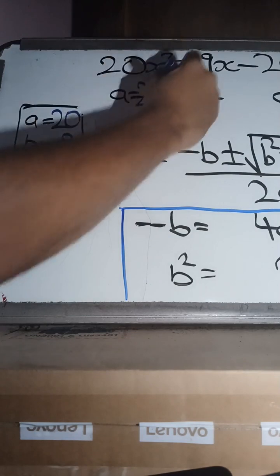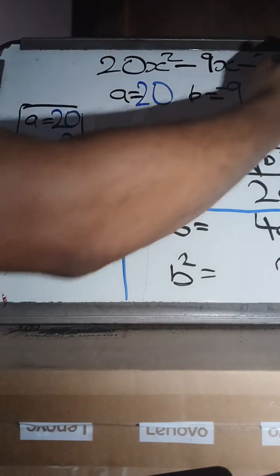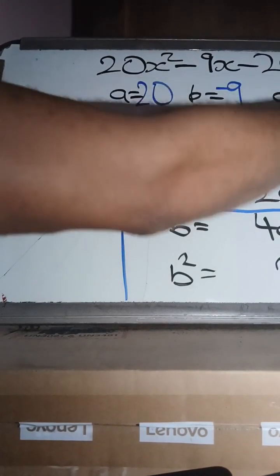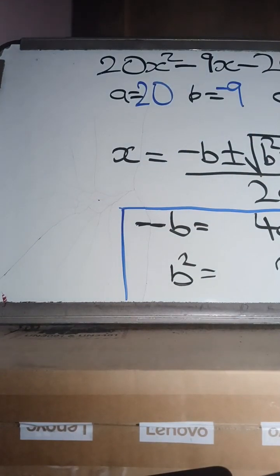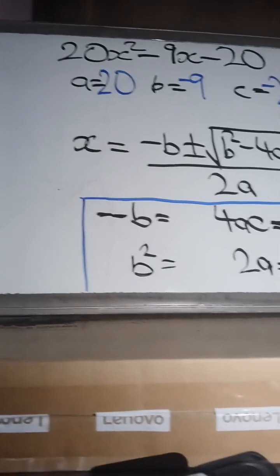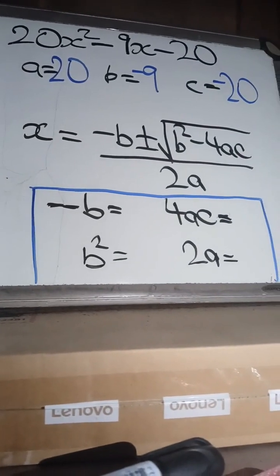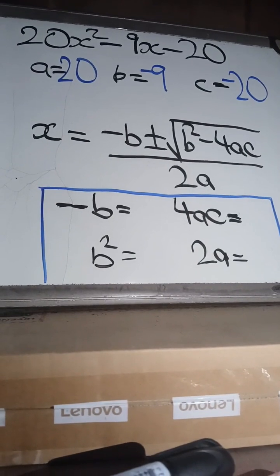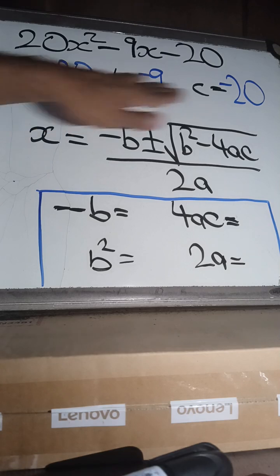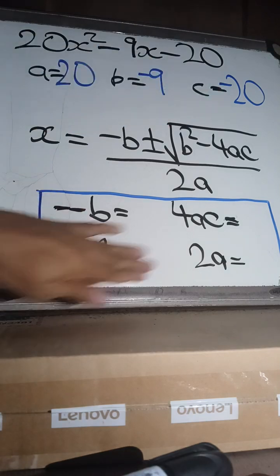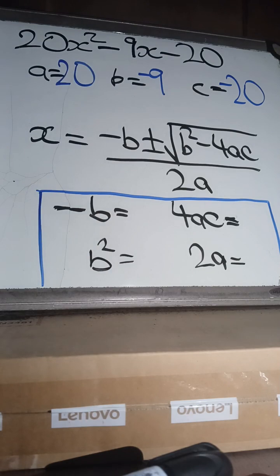So A is 20, B is minus 9, C is minus 20. Alright, so let me go back over here now. So now this is what we're going to use and plug into that right here.